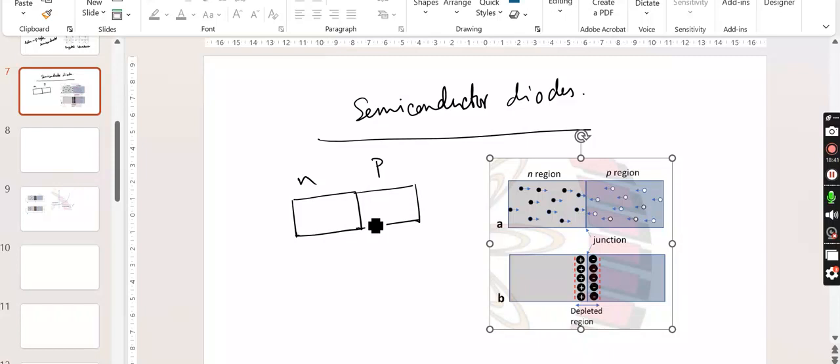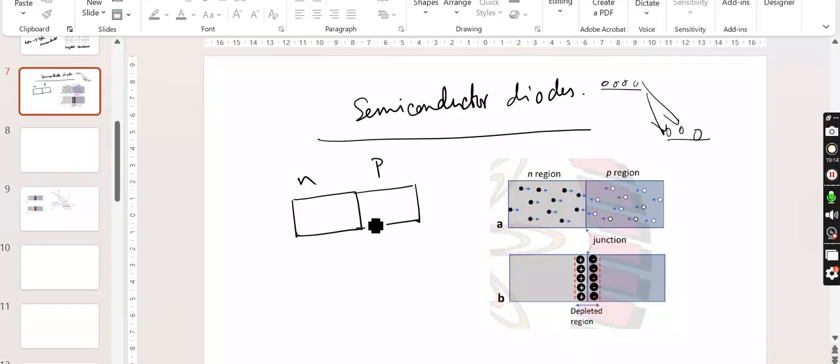When they move to the other side, they recombine. You need to remember that these electrons are present in the conduction band in the N region, and the holes are present in the P region in the valence band. So they are not moving like this. The electrons jump from the conduction band to the valence band, and they recombine, and both carriers disappear.